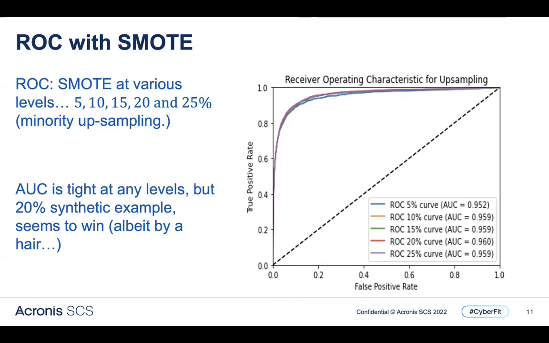In fact, at levels 10, 15, 20, and 25, they're almost identical at just below 96 or at 96%. But we noticed that in our case, the 20% upsampling yields the best results.